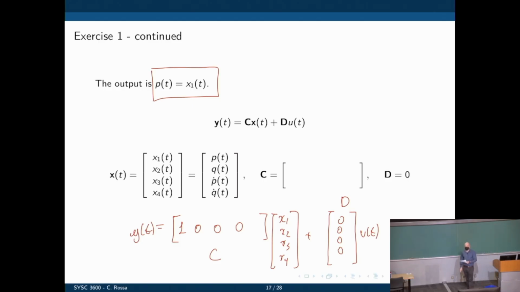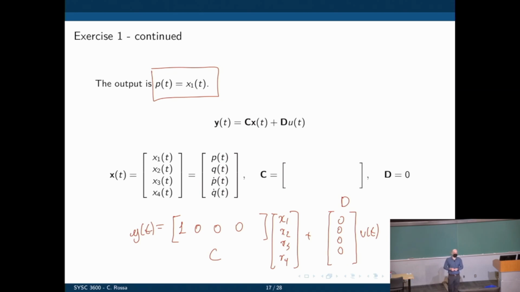Questions, comments, observations? See, really the tricky part here is to find the right set of states.